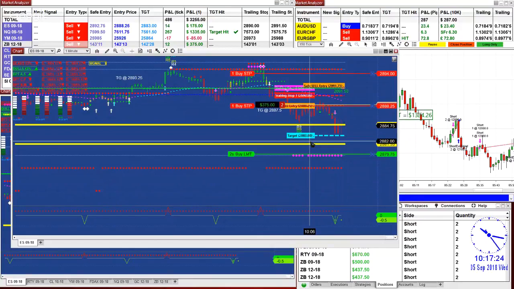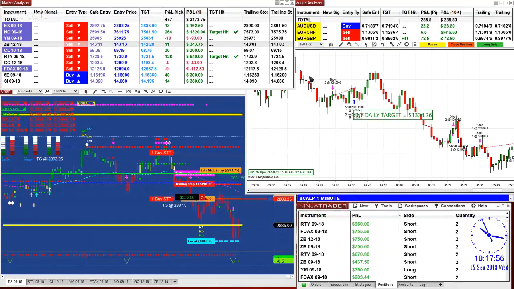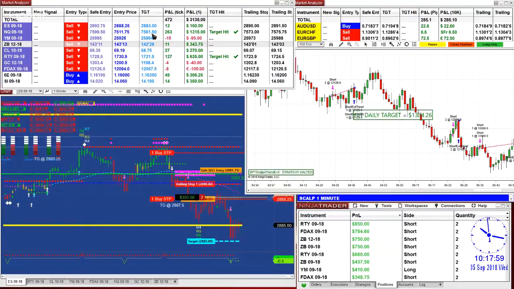We are waiting on a new signal on the ES to take a trade. But for me, I find there is always a couple of $300 difference in the profit, on every instrument, if you just are patient with it, and then there is a good potential to earn a couple of $300 on every instrument. So as an example, if we look at the YM, the target was 6150, and we are way above this target.